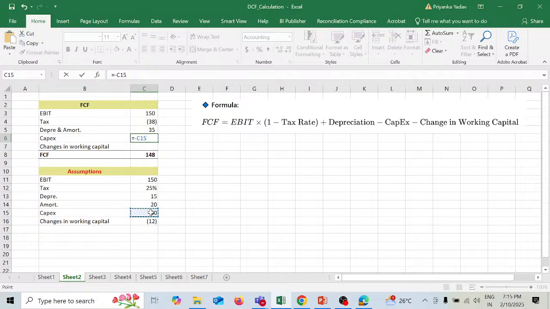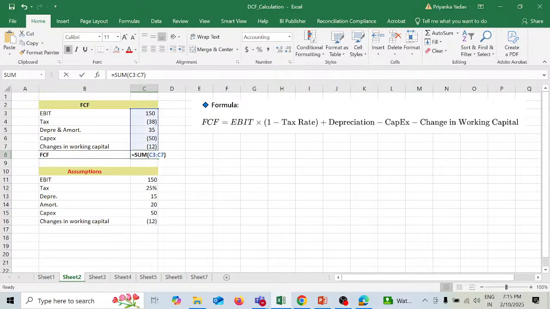In the formula, if you see, capex is being deducted, so since here I'm summing it up, I'm beforehand only changing the sign over here. In case you want to keep it positive, you can keep it, but then you have to change the formula for calculation of FCF. And changes in working capital is, again, this is also in negative.